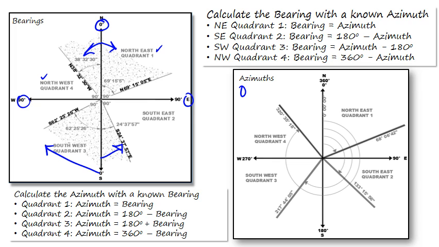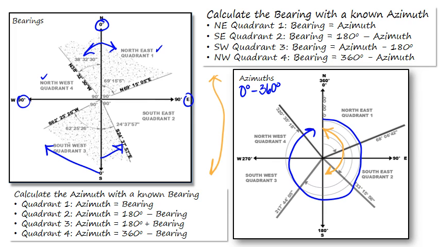Azimuths go from 0 degrees to 360 degrees, full rotation. Always remember that we are either adding or subtracting 180 degrees, or adding or subtracting 360 degrees in our equations between these two sets to get azimuths into bearings or bearings into azimuths.